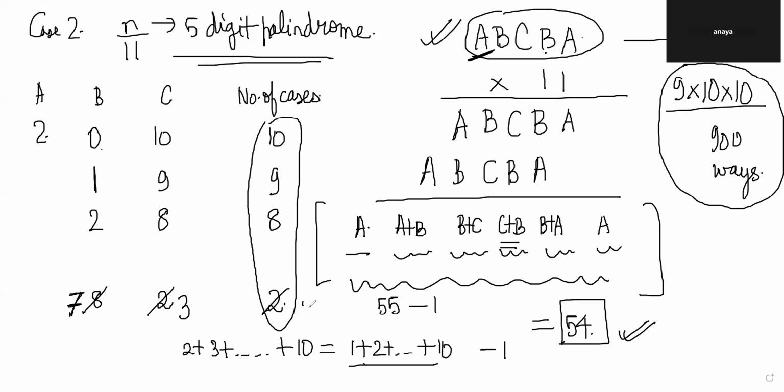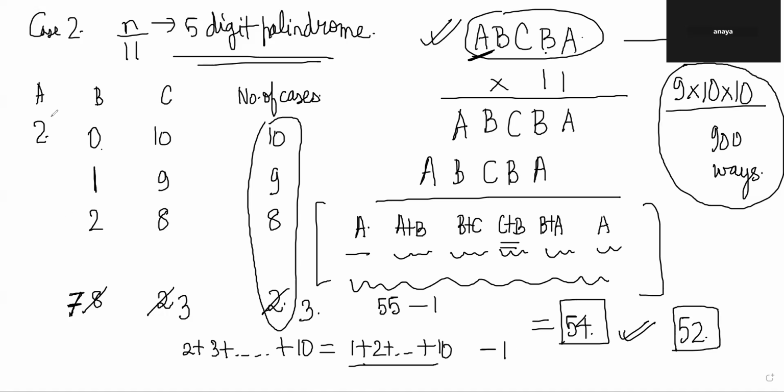The same sequence of numbers, but 10 and 9, 8 up to 3. So that would be 55 minus 2 minus 1. So 52.